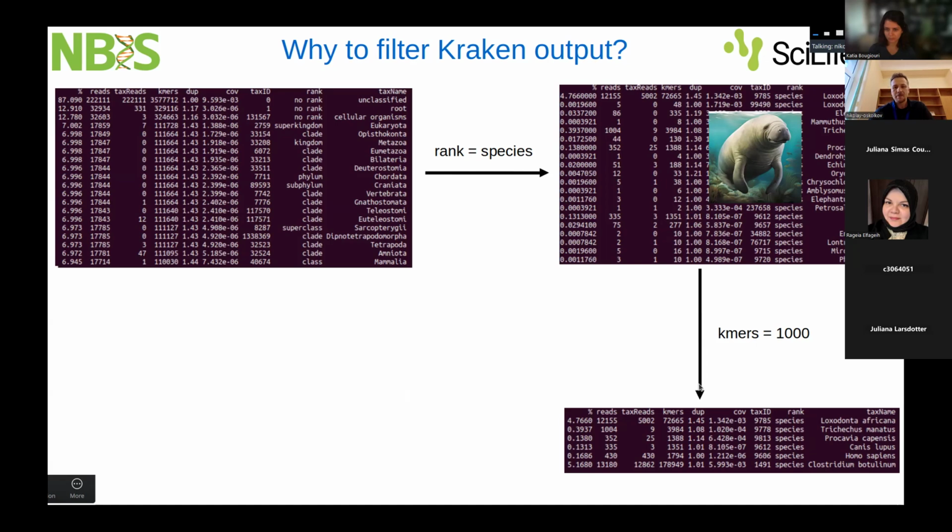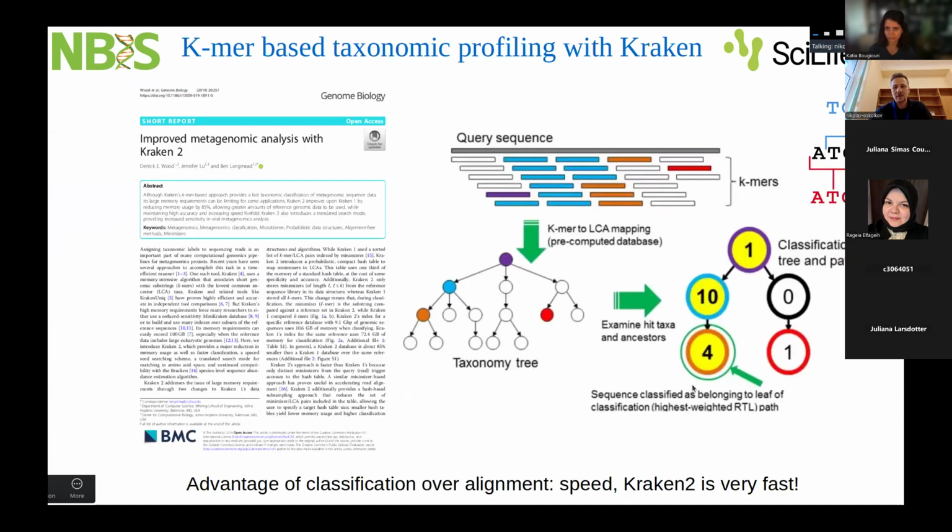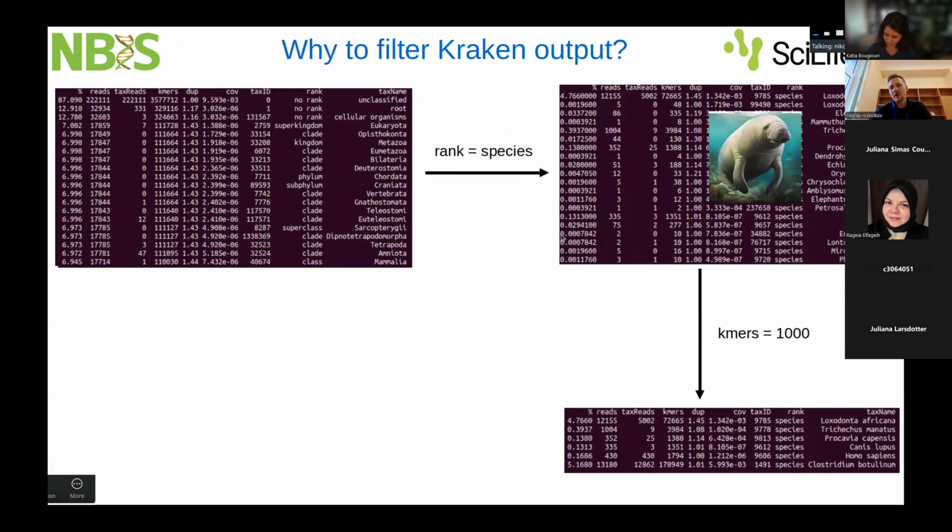I said that Kraken is based on the construction of a k-mer lookup table and also splitting query reads into k-mers. So one metric provided by Kraken is the number of unique k-mers covered by your reads. And this is a proxy for breadth of coverage. I'll come to this concept in a second.